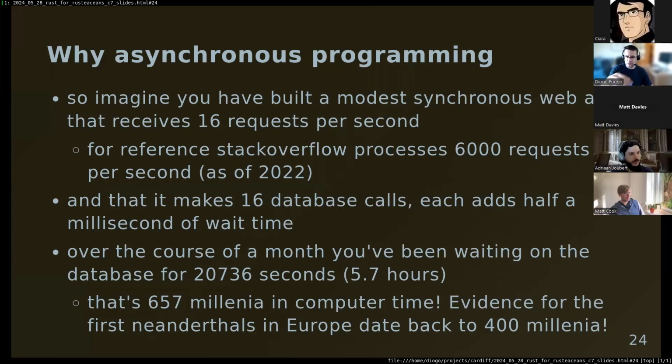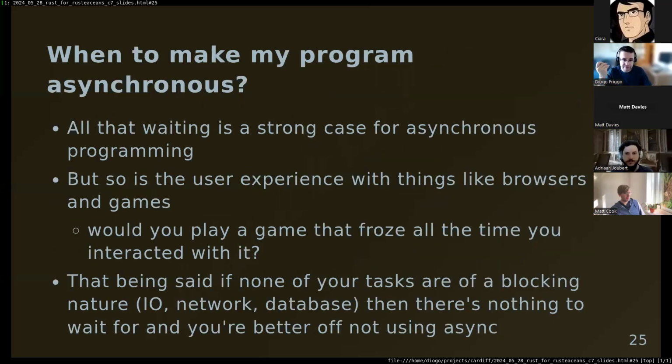And so if we work out the values, we can see that over the course of a month, we've been waiting for 5.7 hours. And if we translate that to cycles, this would mean like 600 millennia in computer time, let's say. And so it's a lot of wasted potential. And that's what asynchronous programming is about, trying to tap into that potential.